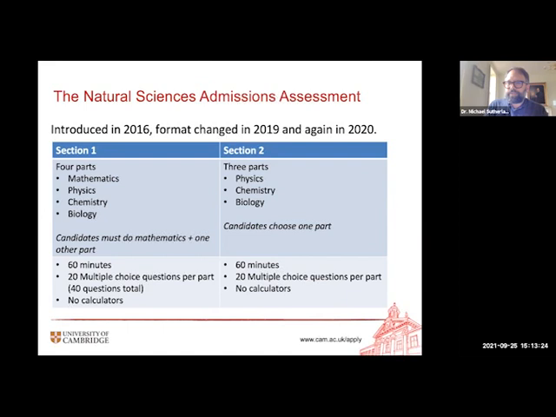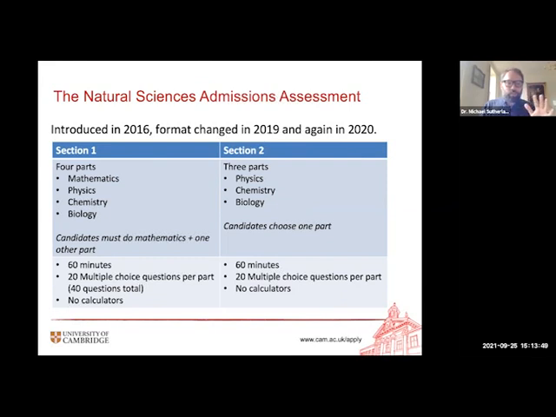So if your main strength is in chemistry, you would choose in section 1 to do mathematics plus chemistry. Think about that and choose the section where your strengths lie.